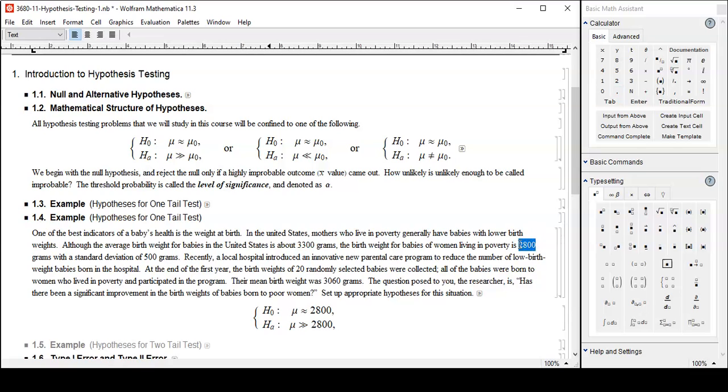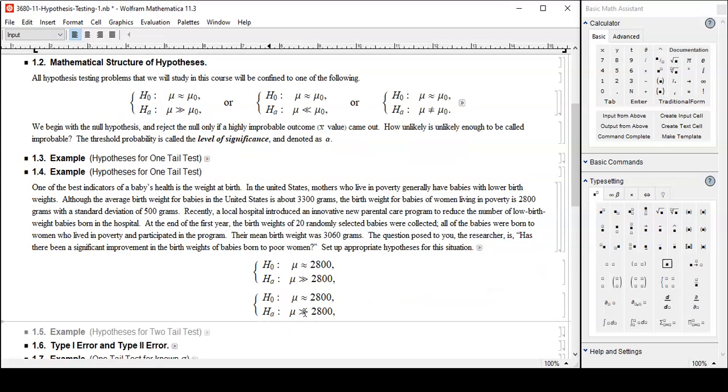And among these, this is the old result that did not come from a sample, and this one is the new result that did come from a sample. And also, we want improvements, right? 3,060 is improved from 2,800, not from 3,300. All right, and also, the alternative hypothesis here is not 3,060.